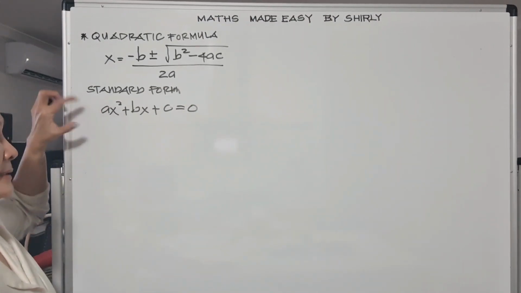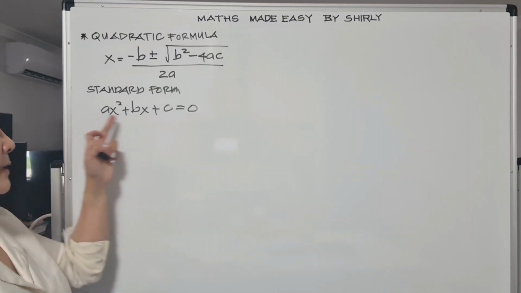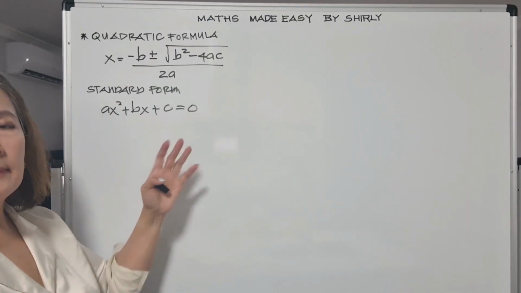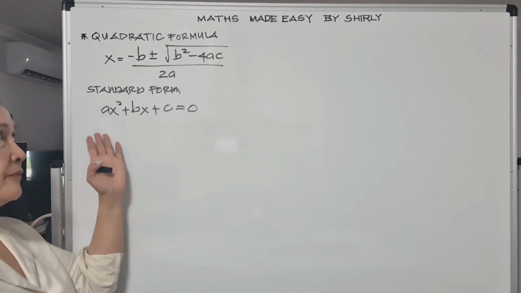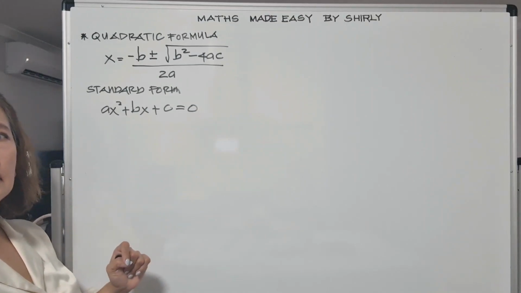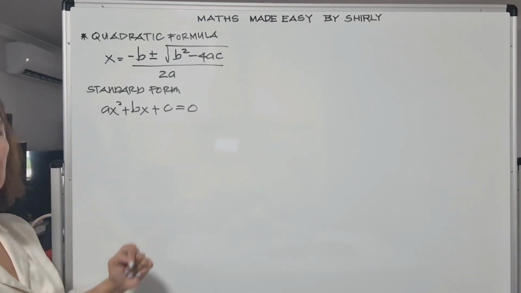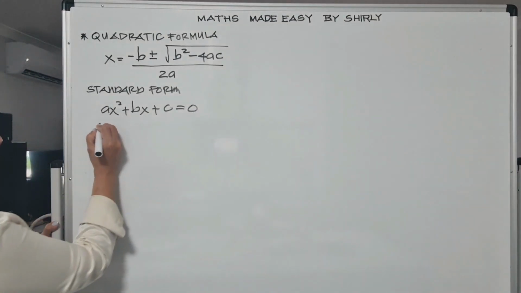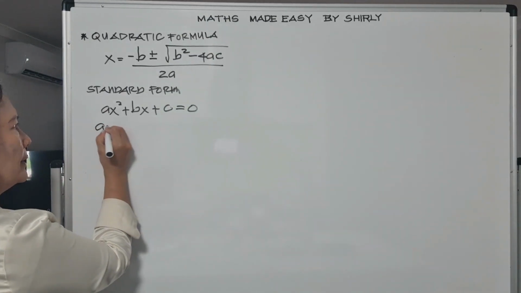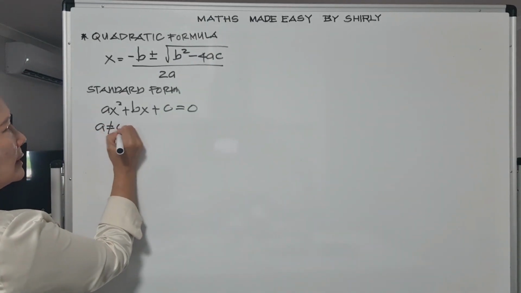So in this standard form, a, b, and c are represented by numerical coefficients or constant, where c is the constant, and a is never equal to 0.